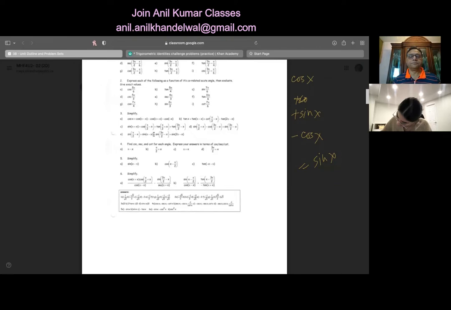What I did, I don't know if this is right, but I turned sine of pi over 2 plus x into minus cos x. No. Pi by 2 plus x is plus, right? So plus cos x. Second term, I did minus cos of 3 pi over 2 minus x is minus sine x, but then minus and minus becomes plus, right?